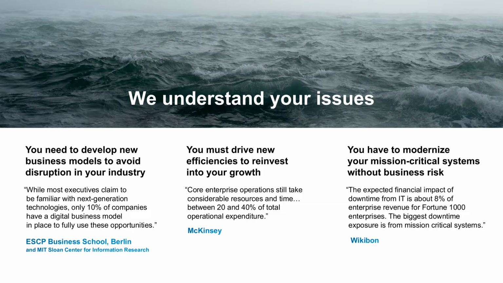The cost of IT downtime for an average Fortune 1000 enterprise is already high and is increasing as digital transformation efforts pressure organizations to deliver always-on services. So have a look at these key messages and then formulate your story for your own customers in your industry.